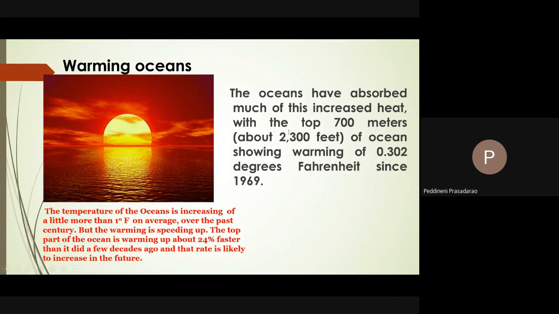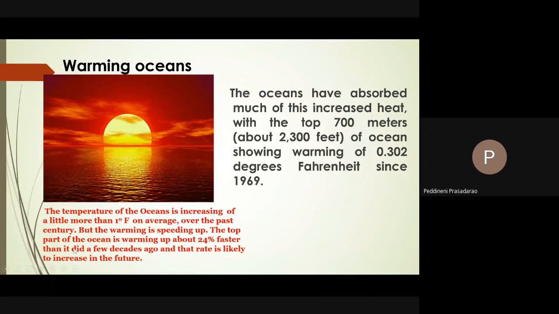These statistics we are getting from two or three models. All the models show that there is a certain increase as far as the oceans are concerned. The temperature of the oceans has increased by a little more than 1 degree Fahrenheit on average over the past century, but the warming is speeding up.